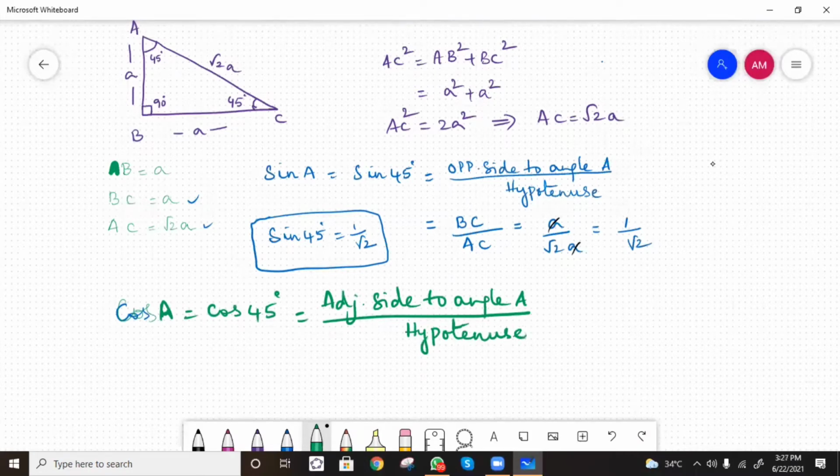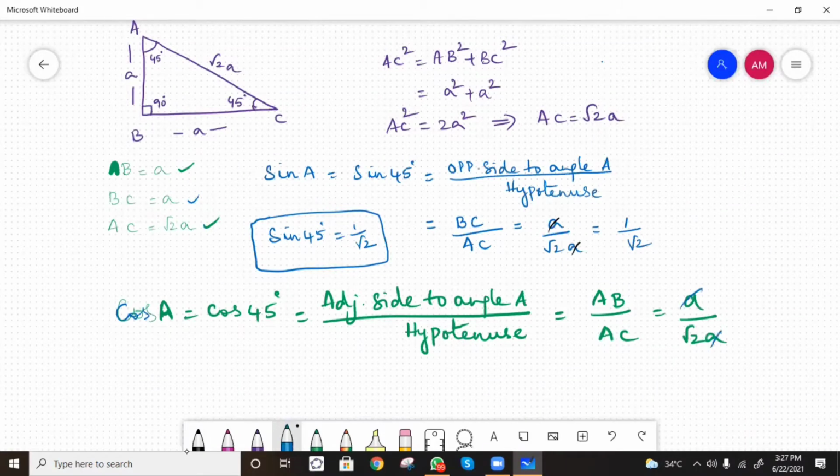So that is equal to, what is the adjacent side to angle A? It's nothing but AB. Observe the figure carefully. AB. So what is hypotenuse? Hypotenuse is nothing but AC. So what is AB? It's nothing but A units. And what is AC? Root 2A. So A and A get cancelled.